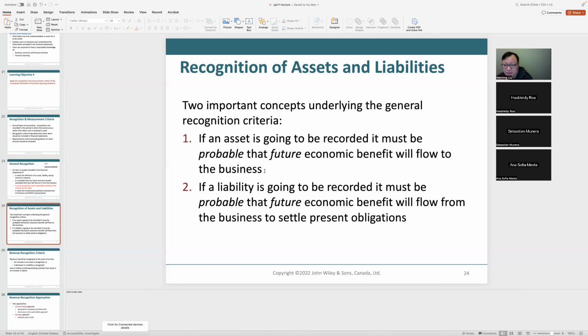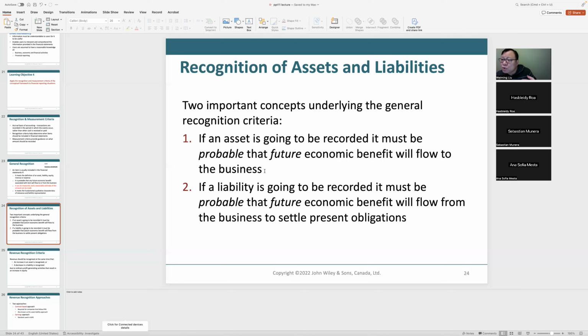So in that case, you may recognize this as a liability, but not necessarily, because you have to know that amount, right? If you don't know how much money you are going to give the owner's family, you run into the same problem of the present value.